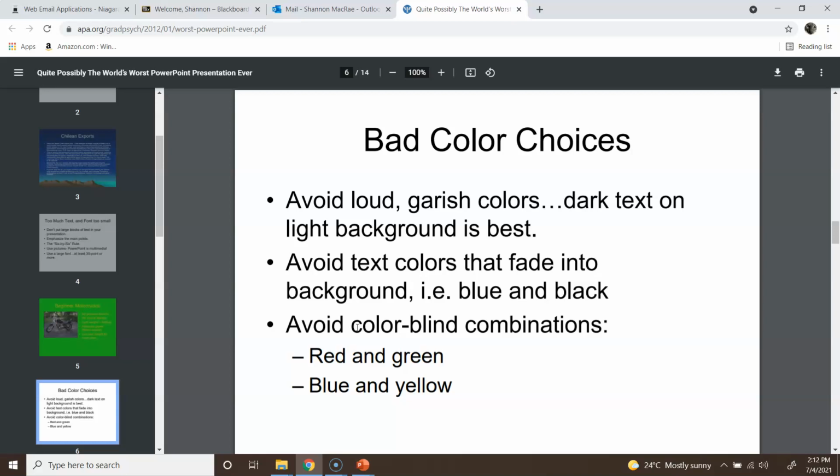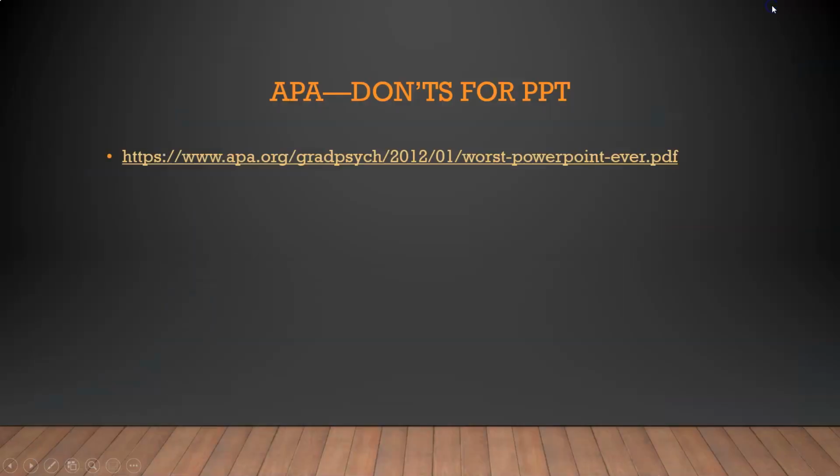Look through it, okay, it's kind of fun to see how horribly wrong PowerPoint can go when you're not thinking about all the important key points. It's a fun little presentation to look at, but it really helps reinforce the importance of slide design.